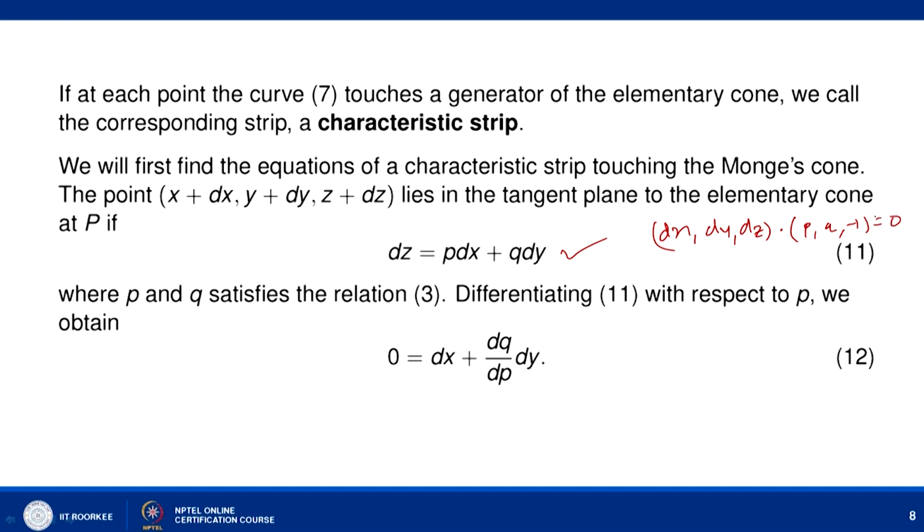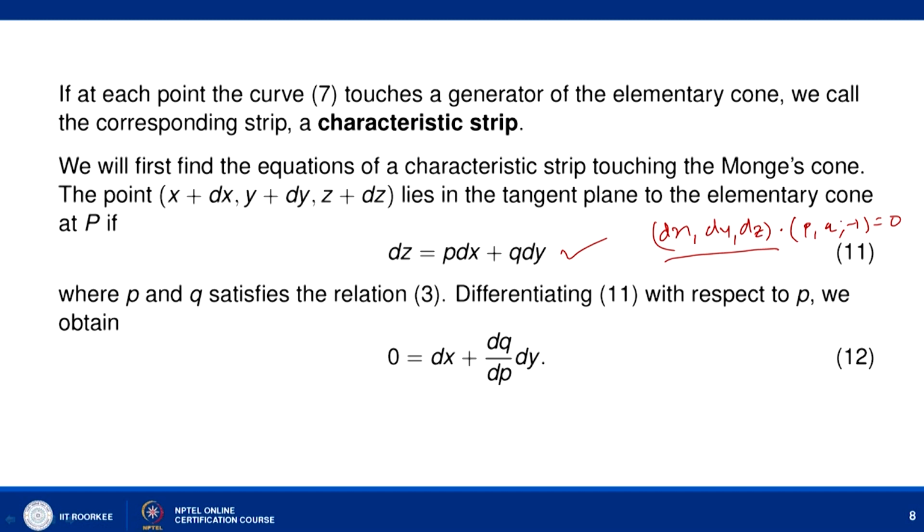So it means that this point x plus dx, y plus dy, z plus dz lies in the tangent plane to the elementary cone if the direction ratios of the tangent line, that is dx, dy, dz, and the normal vector to the elementary cone, which is p, q and minus 1, are orthogonal to each other, that is dz equal to p dx plus q dy.